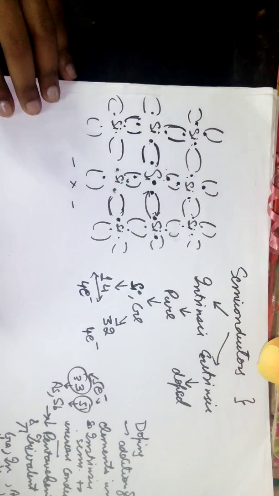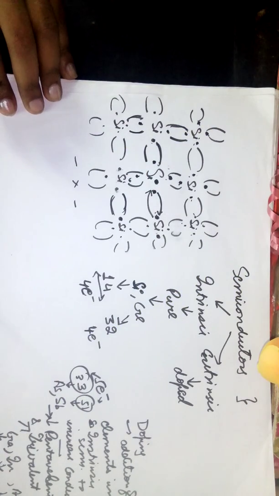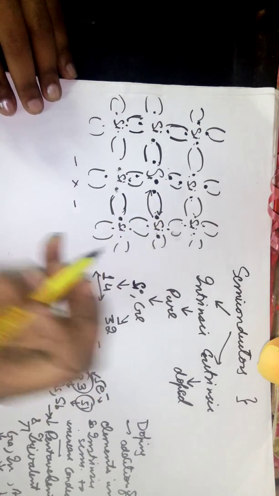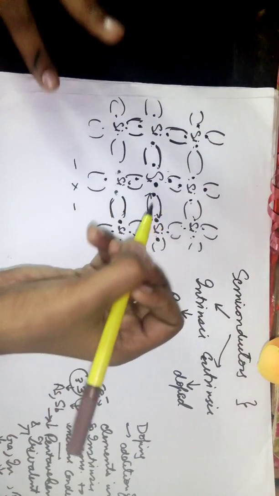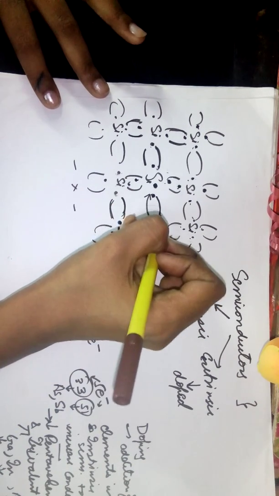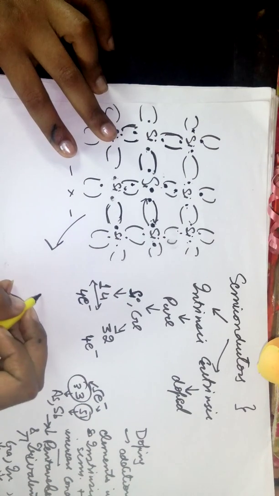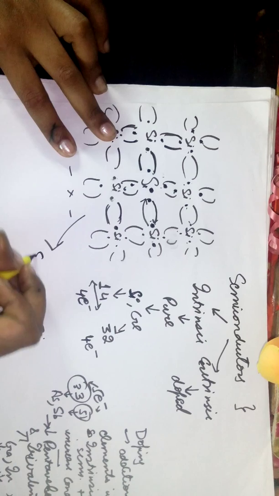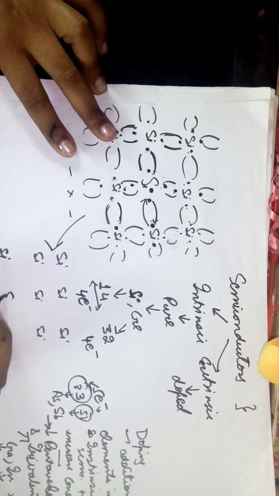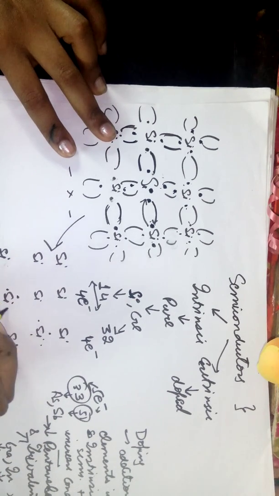In this whole structure, if thermal agitation is done, then one of the electrons, say from this side, is displaced from its own position. The structure obtained after that is, say, this is silicon, and this is how you can show it.